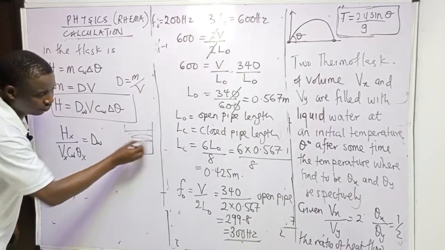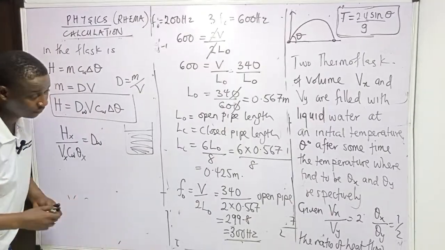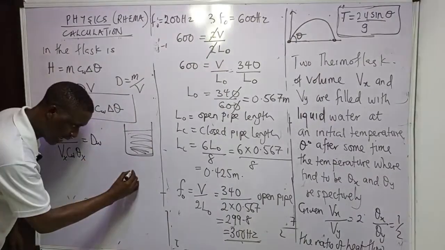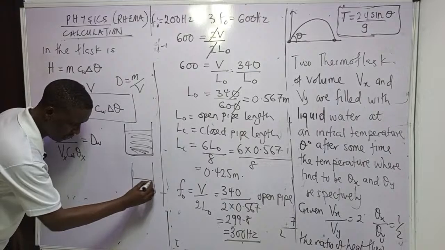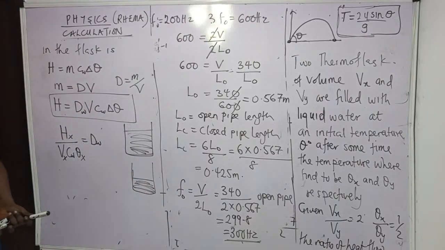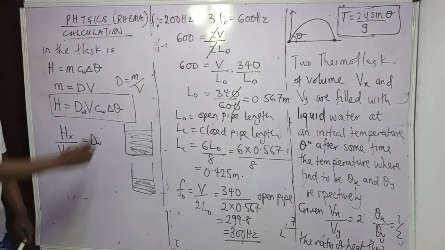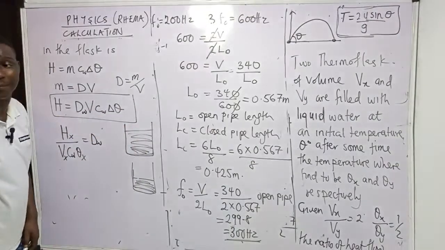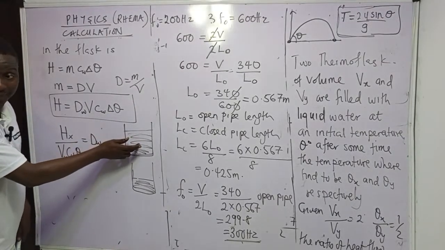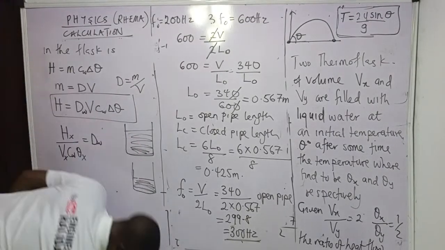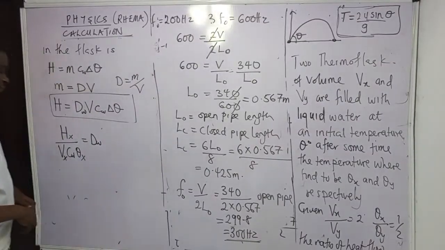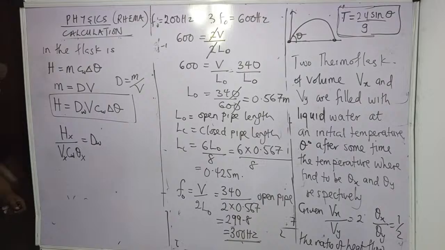If I have water in this container and another one here, you cannot tell me these two will have the same heat flow because their volumes are different. In fact, they cannot even boil at the same time. Though they will boil at 100 degrees Celsius, this one will take more time than this one because of the volume. So volume can affect the rate at which the heat will spread.